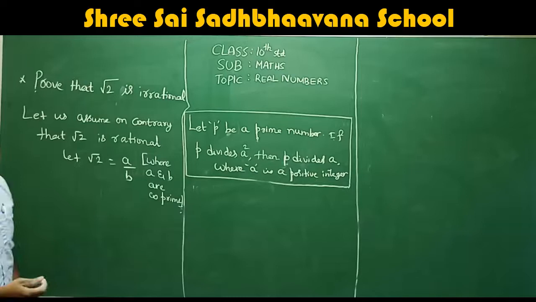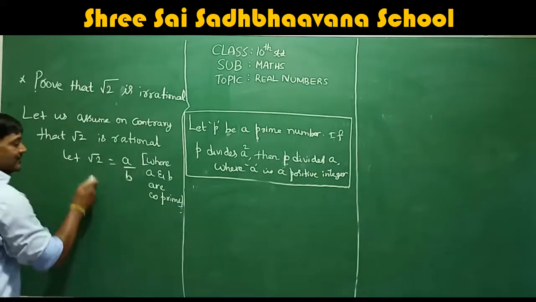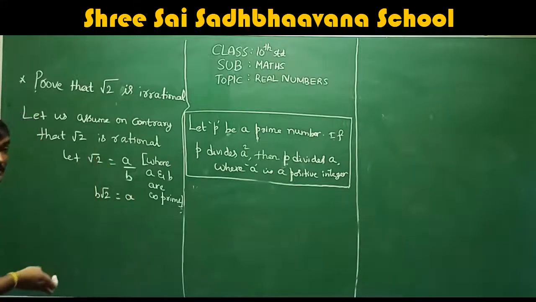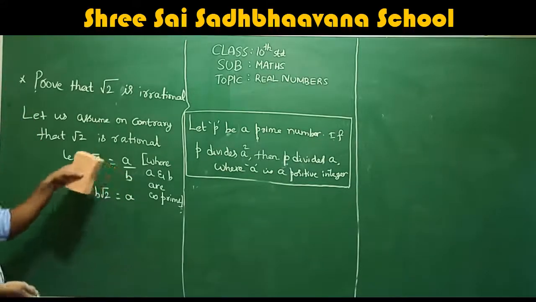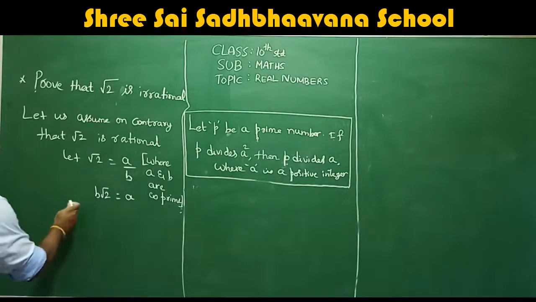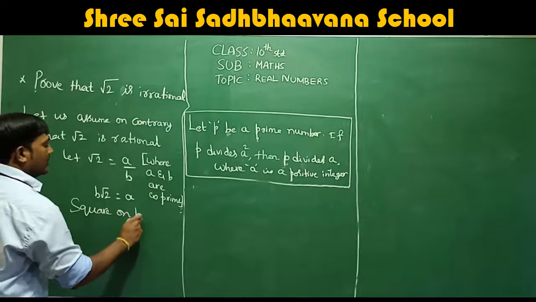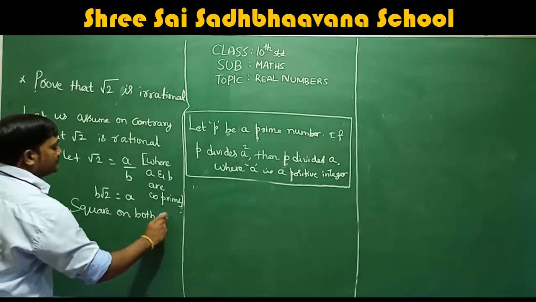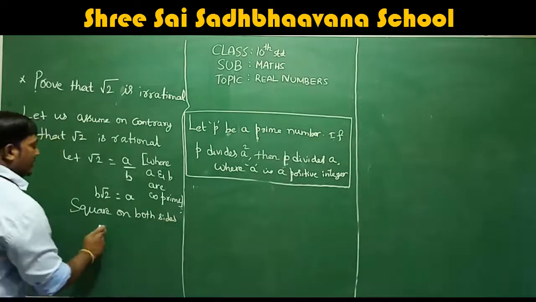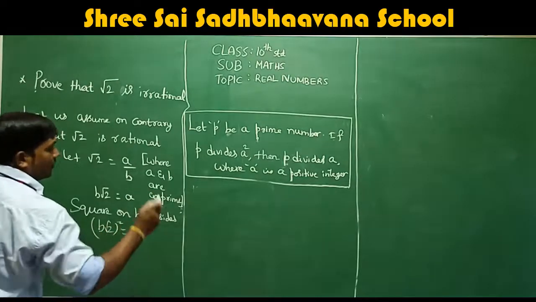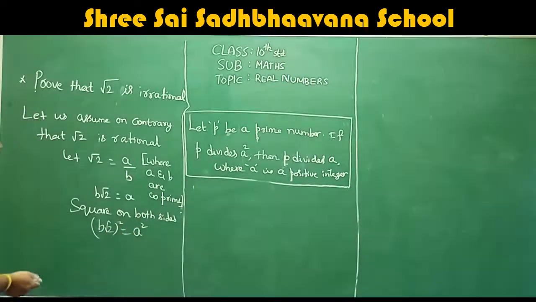Correct? So now the next step: send this b to this side, which becomes b root 2 is equal to a. Square on both the sides. These steps are very important. When you square on both sides, it becomes (b root 2) whole square, which is equal to a square.